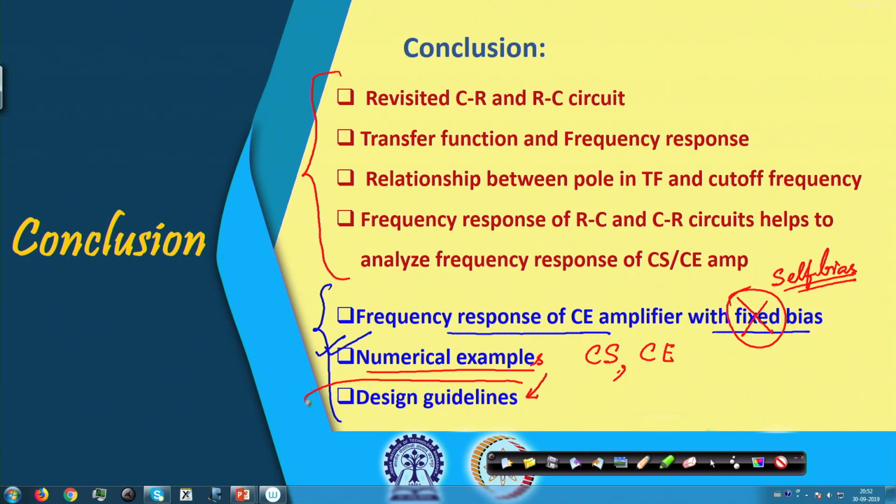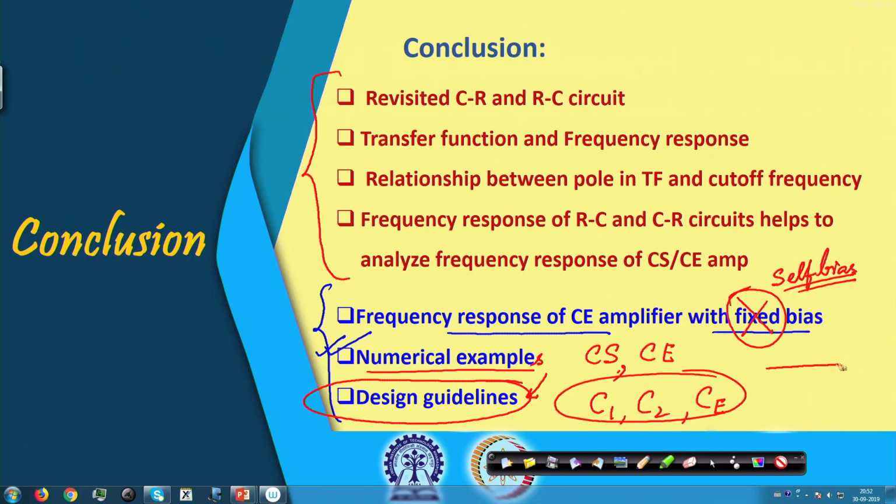Later on, if we find some time, we may revisit these design guidelines, but for the time being at least we got some idea of what the values of C1, C2 and CE may be to get meaningful upper and lower cutoff frequencies.